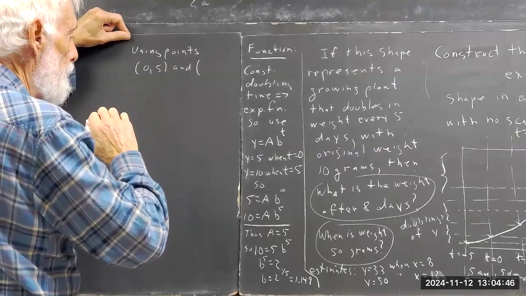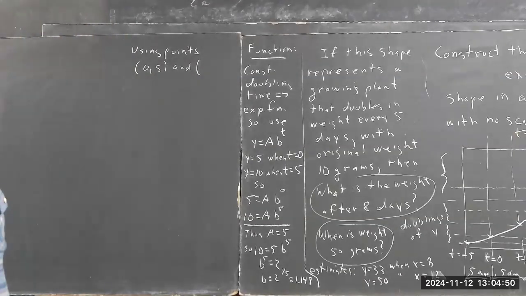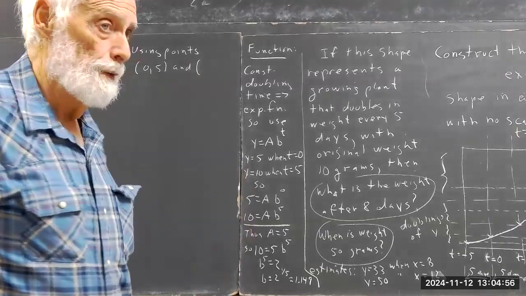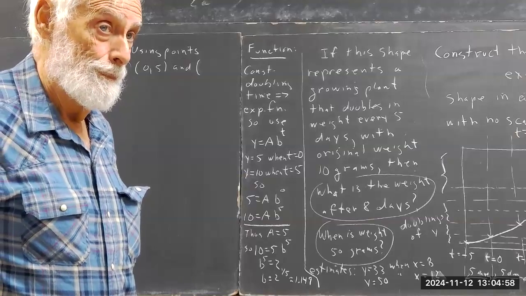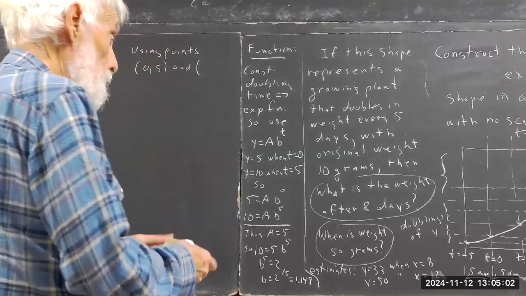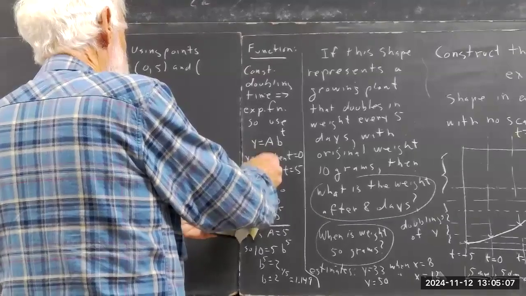Oh heck, you know what I did? I said y equals 5 when t equals 0 and y equals 10 when t equals 5, right? I was wrong, although we would have gotten the same thing using those. It's 10 and 20, isn't it?